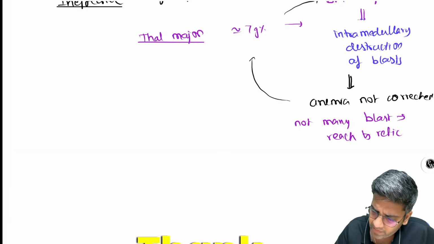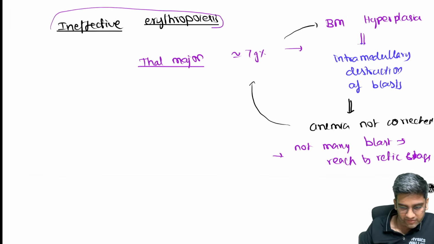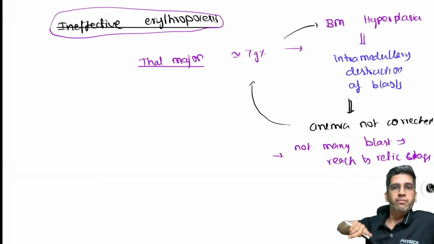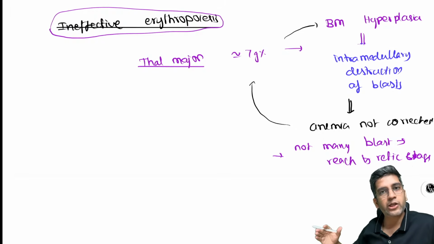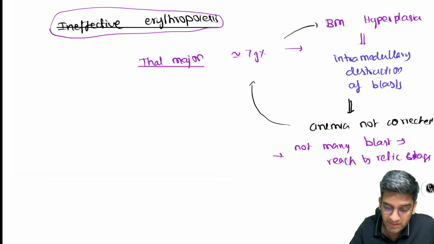Since not many blasts reach the retic stage, I will not have an increase in reticulocyte count, as simple as that. They will look for this word. This word will get you the enough mark, that's more than enough. But the reason is that because of more and more destruction, not many blasts will reach the retic stage and the reticulocyte will not come outside and it will not correct the anemia, right? Okay, perfect.